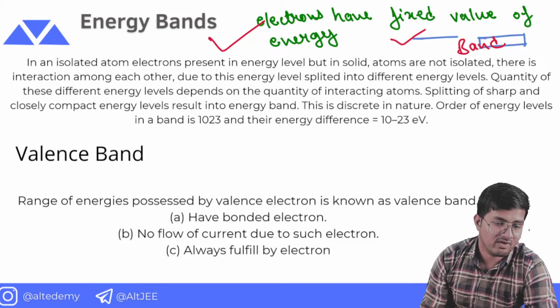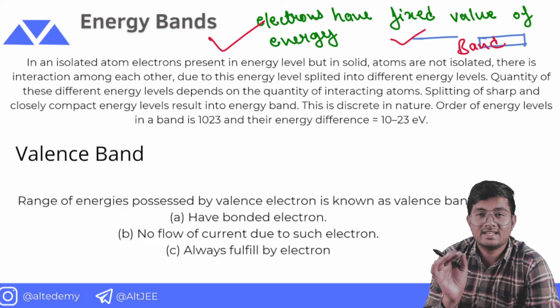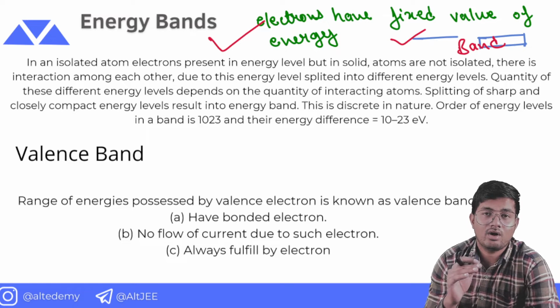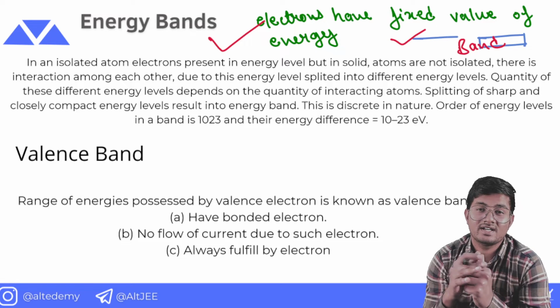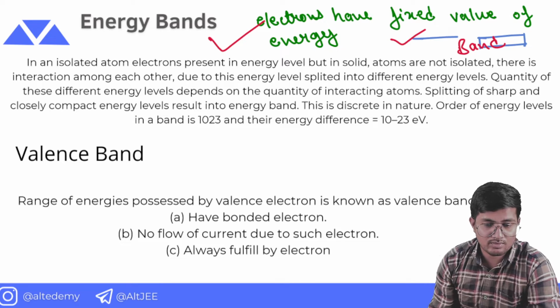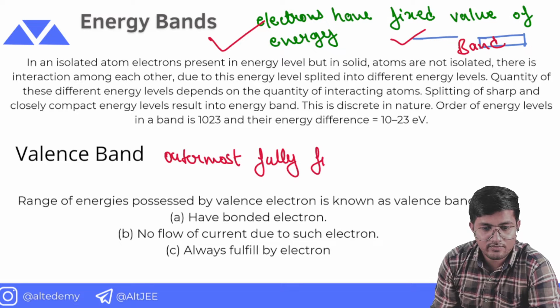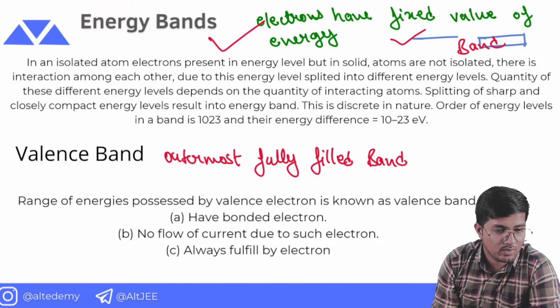And then we have the valence band. The band which is partially or fully filled is your conduction band, and the outermost fully filled band is known as the valence band.